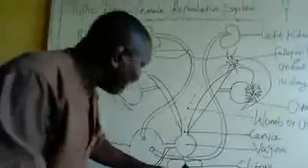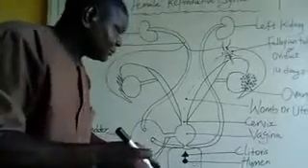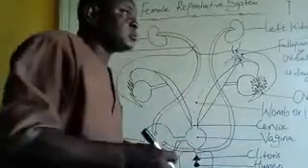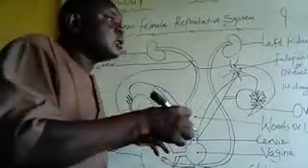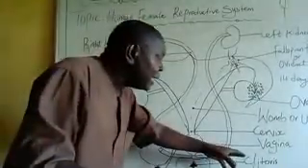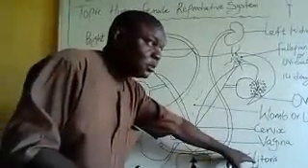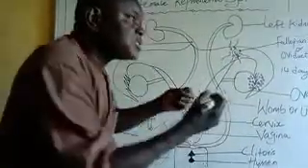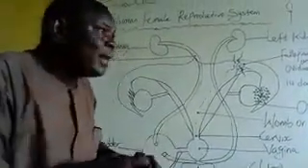Alright? We have a clitoris. Clitoris is an organ that has spongy tissues. It has erectile tissues and erectile muscles. It becomes stiff when a woman is sexually aroused.